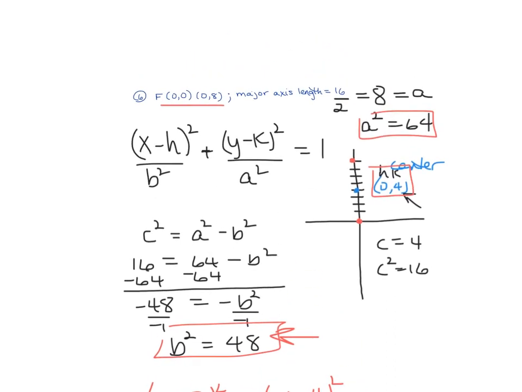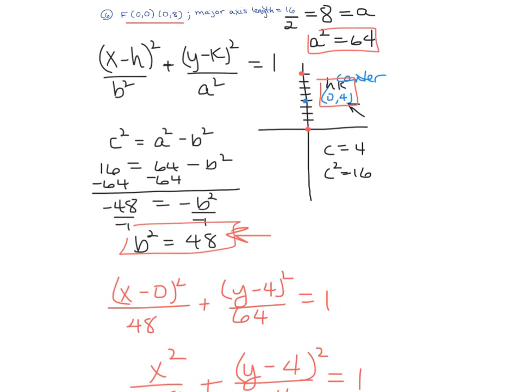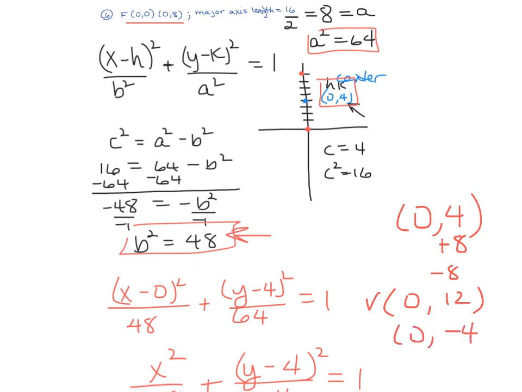So if we wanted to get the vertices in here, again, you take the center, which is 0, 4, and to get the coordinates for the vertices, we're going to add the A value. So add 8, and then subtract 8. So my vertices would actually be 0, 12, and 0, negative 4.